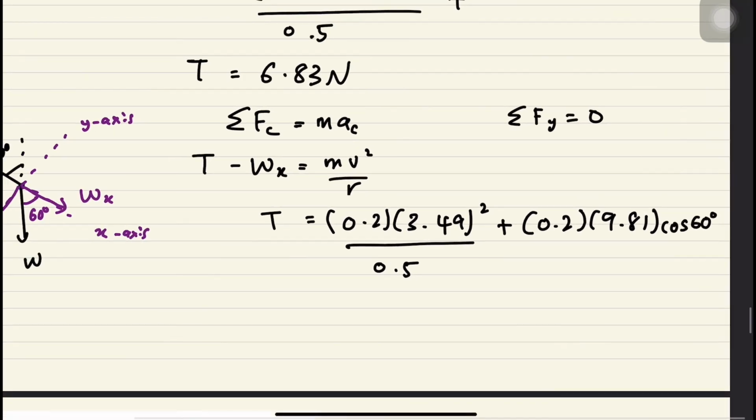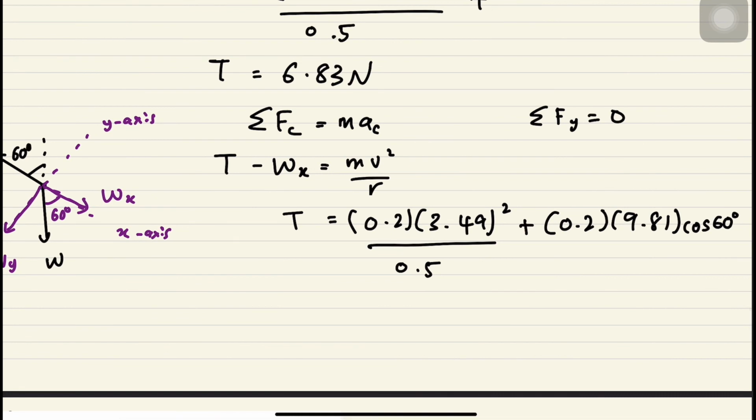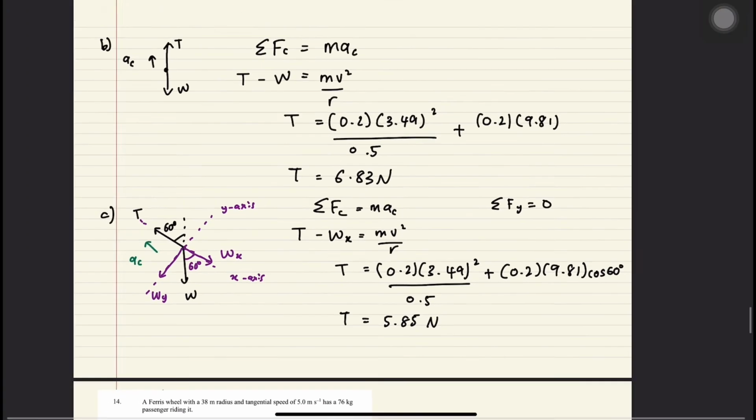Okay, remember, because you are entering 60 in degrees, your calculator should be in degrees as well. So here I got 5.85 Newton.